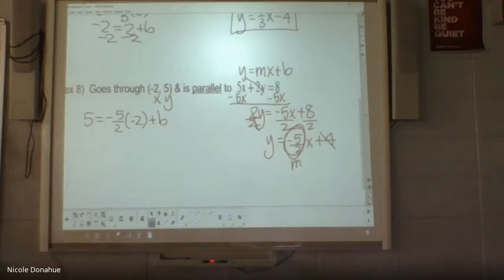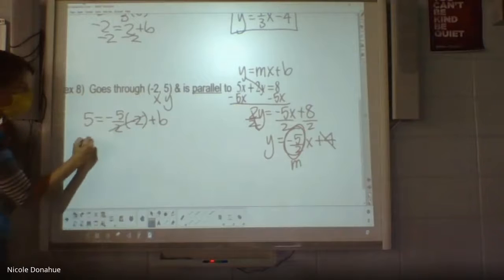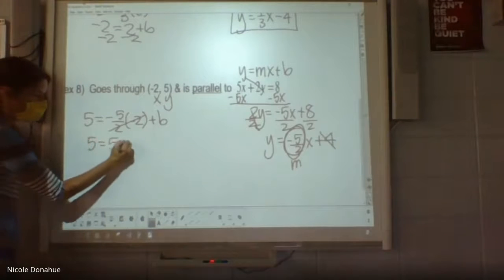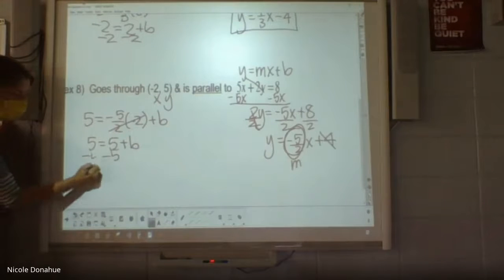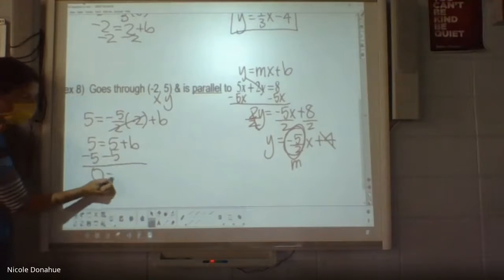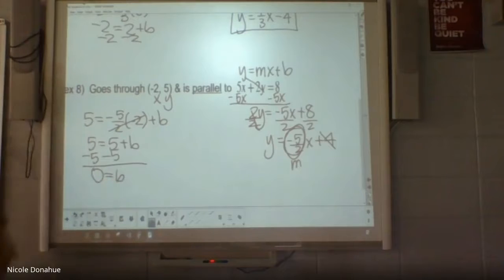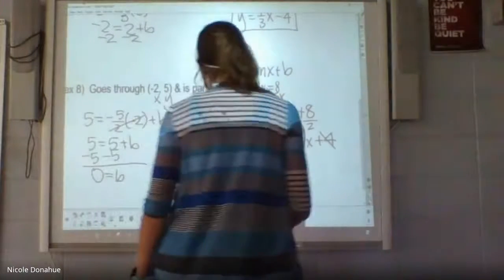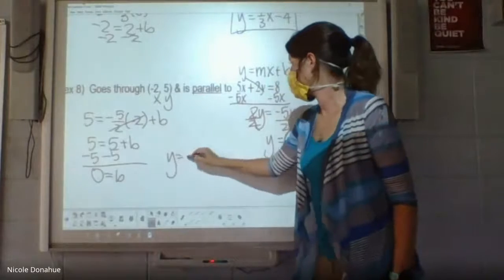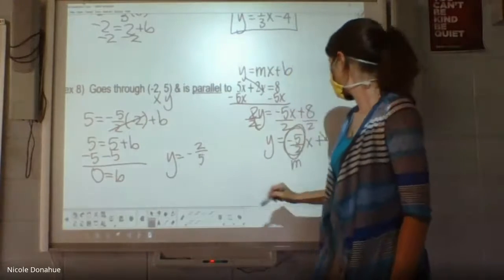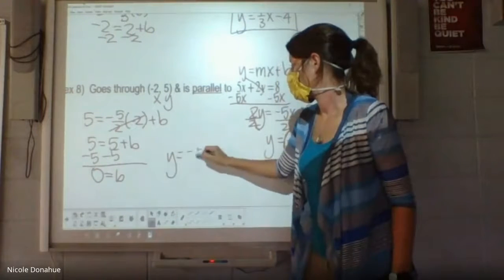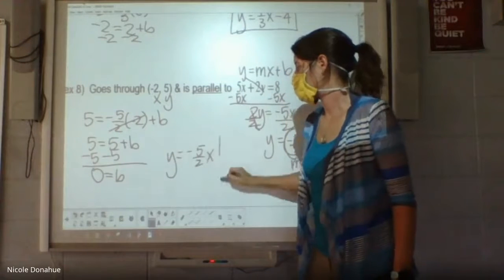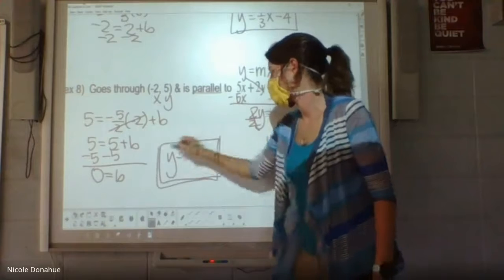Now this time the 2s can cancel, so I'll just be left with 5 there. So b in this case actually ends up being 0. So our line is going to be y = -2/5, no, sorry, -5/2 x. I'm switching things up. Plus 0, or I can just leave it this way.